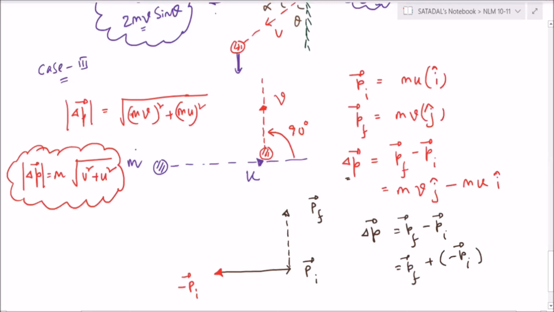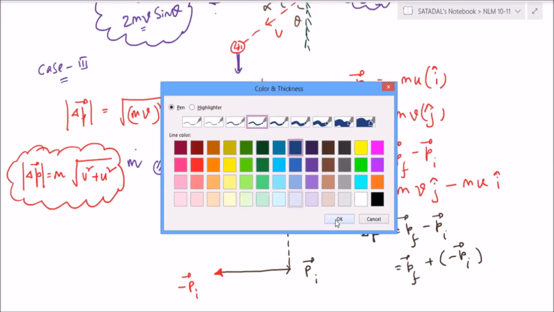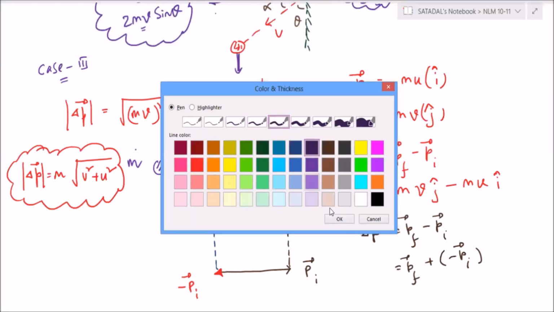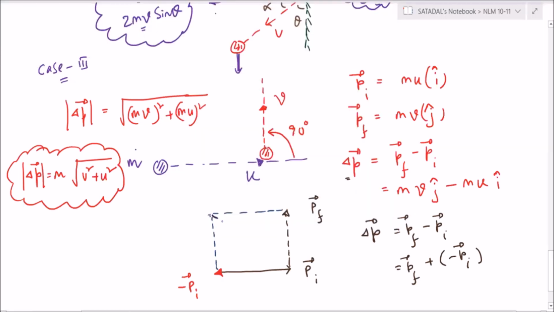Correct. Now the parallelogram. This diagonal will represent the resultant. This is the direction of delta p vector. So that will be the direction of F vector. Okay, Yogananda? I hope it's clear now.